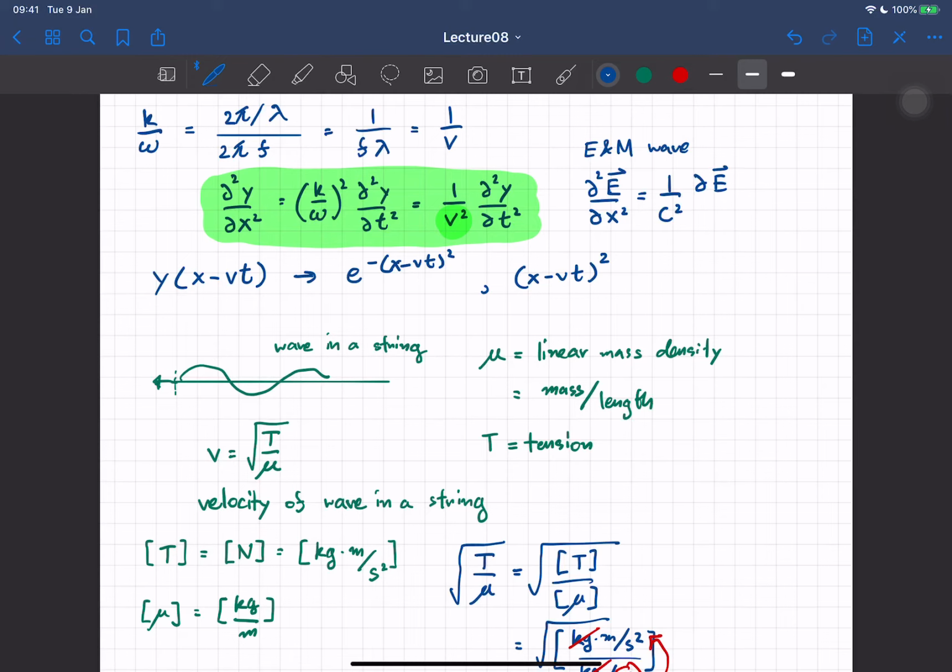So don't worry too much if you don't know what I'm writing down. But I'm just showing you that the electromagnetic wave also satisfies this wave equation. And c here is the speed of electromagnetic wave, which is what we call speed of light, because light is an electromagnetic wave. Okay, so what we talk about here in terms of wave equation actually applies to any kind of wave that you're gonna see in physics.